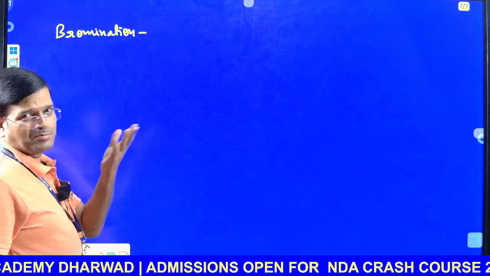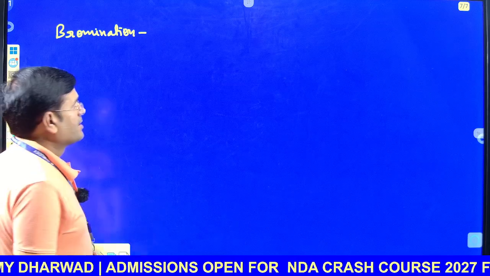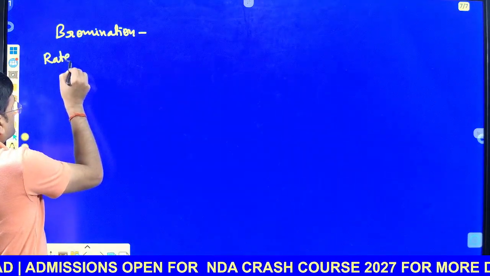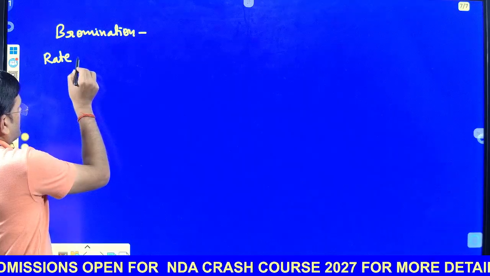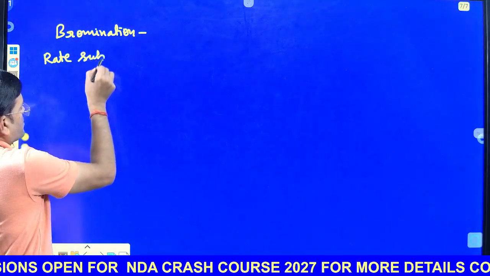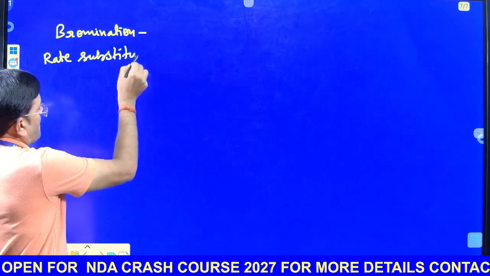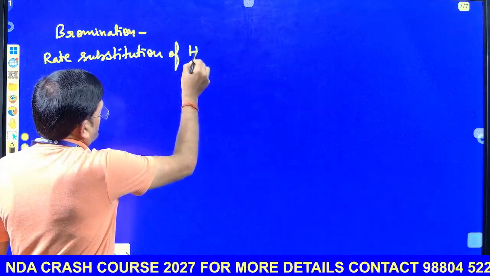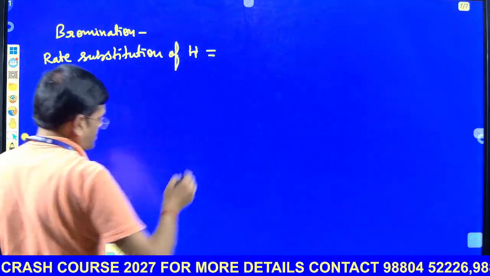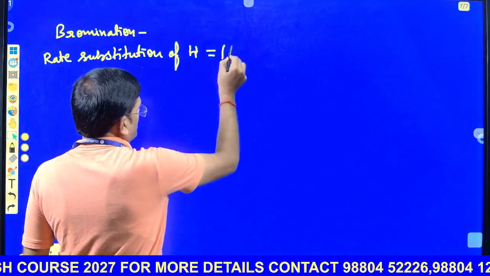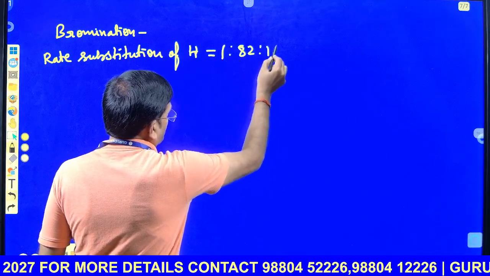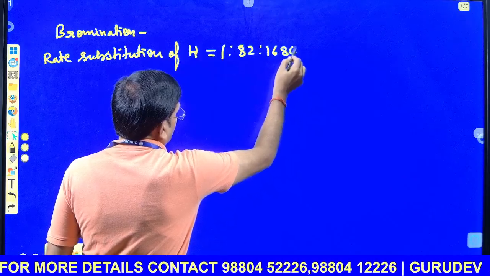Rate of substitution of different hydrogens, 3 degree, 2 degree, 1 degree, right? But rate of substitution of hydrogen in this case is 1 : 82 : 1680.